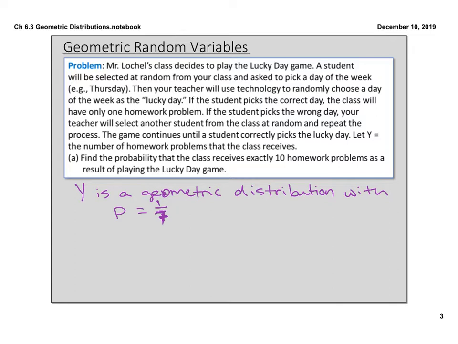And what makes this geometric is either success or failure, and you're going to keep playing the game until you win. You keep playing the game until you get the quote-unquote lucky day.